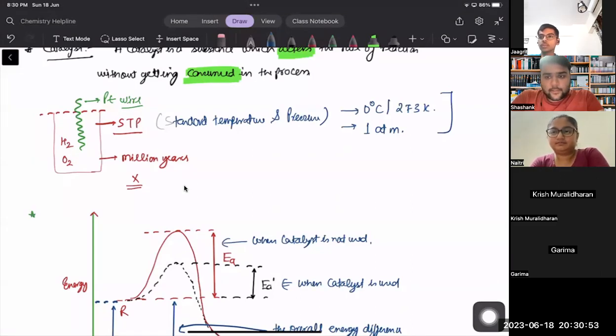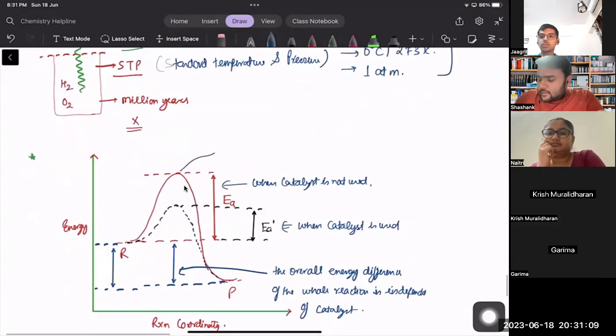So you said that the difference between the energy of the reactants and the products is the activation energy, right? No, the difference between this intermediate complex and the reactant, that is activation energy. You see, this part is your intermediate complex, right?